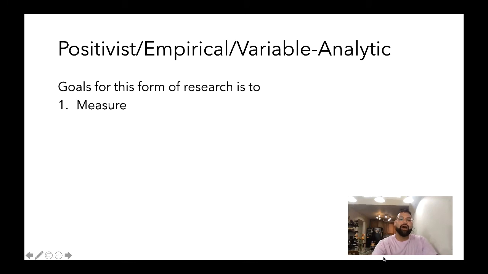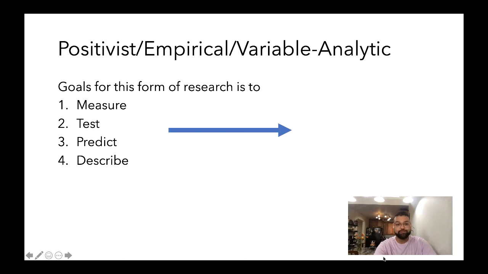A positivist, empirical or variable analytic approach, the main goal for that is to measure, test, predict, and describe something. And we usually rely on statistics for that. Experiments, surveys, all they're trying to do is understand the social world and quantify it through statistics so we can make predictions. So if we want to understand why people do the things they do, we'll survey people or we'll put them in an experiment and have them do what they do, and we'll measure, test, predict, and describe what happened through statistics.